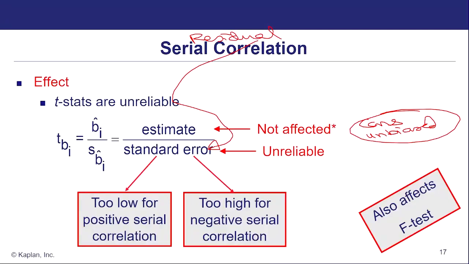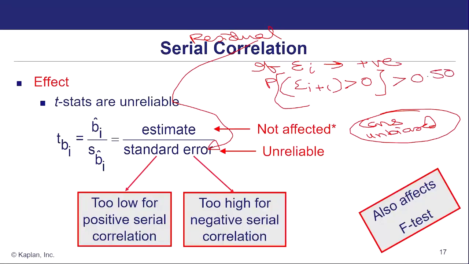So for serial correlation, there are two kinds. One is positive or negative serial correlation. What is positive serial correlation? Positive serial correlation says that if, for example, the residual in period i is positive, then the probability of the residual in period i plus 1 being positive is greater than 50%.